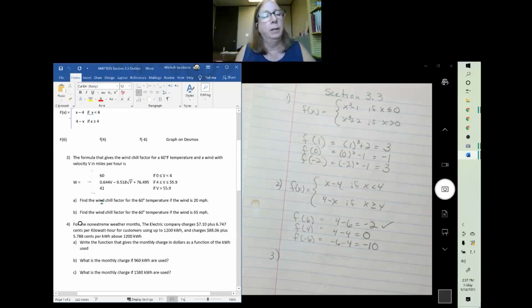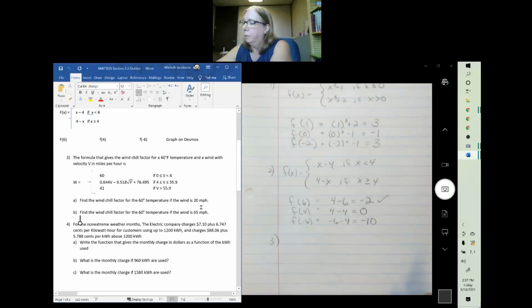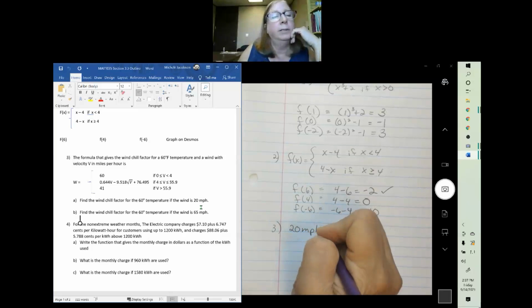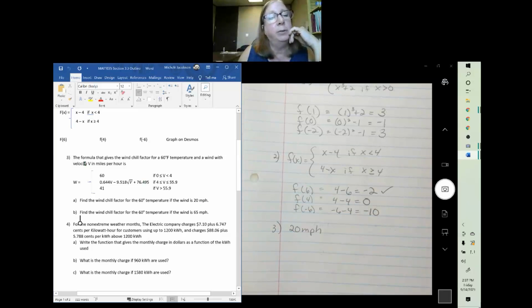Okay, let's try a problem. Find the wind chill factor for the 60-degree temperature if the wind is 20 miles per hour. Well, it says that v is miles per hour, so the 20 is our v. Would we use the top, middle, or bottom equation?